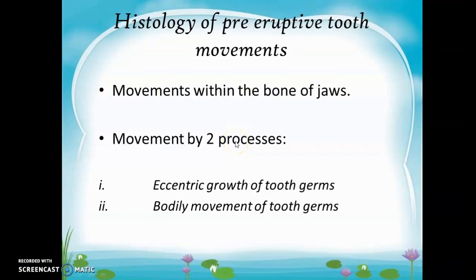Now let's see what are the histological changes that occur within the bone when tooth germs make their pre-eruptive movements. The pre-eruptive movements basically occur by two processes, which are eccentric growth of the tooth germs and bodily movement of the tooth germs.